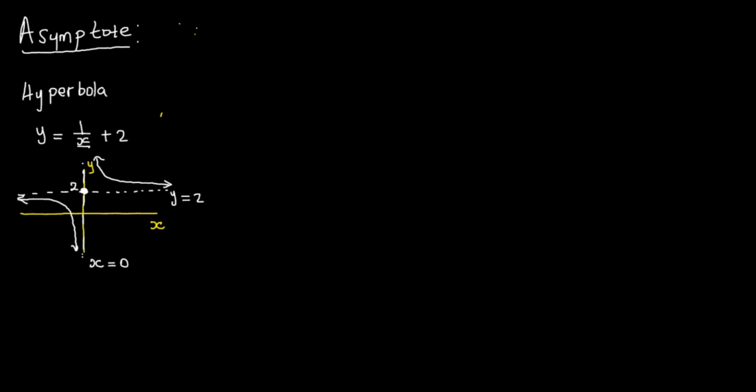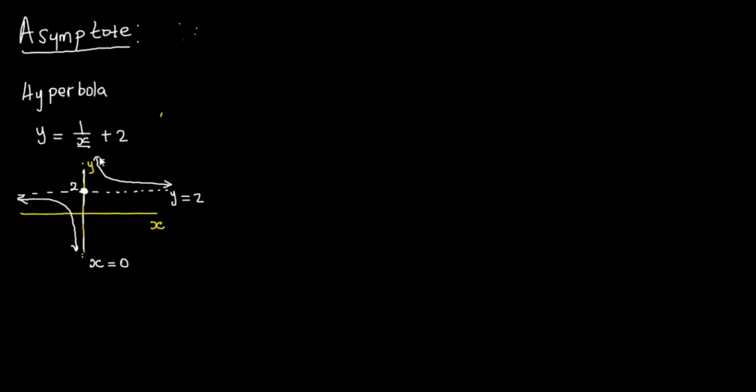So when I look at this, I can see that this is my asymptote and this is my horizontal asymptote. Your graph must not touch those red lines, because this asymptote is a line, right? It's a line.